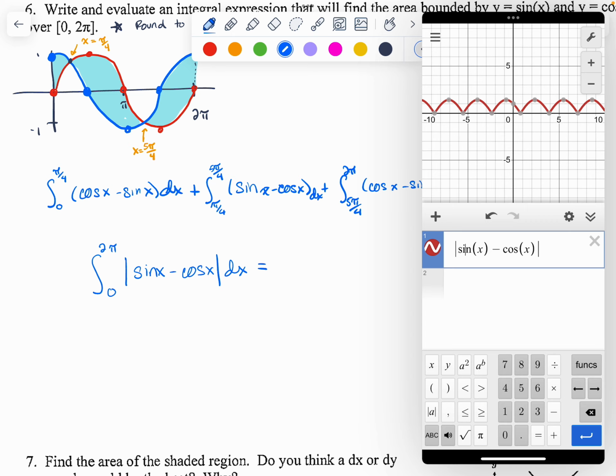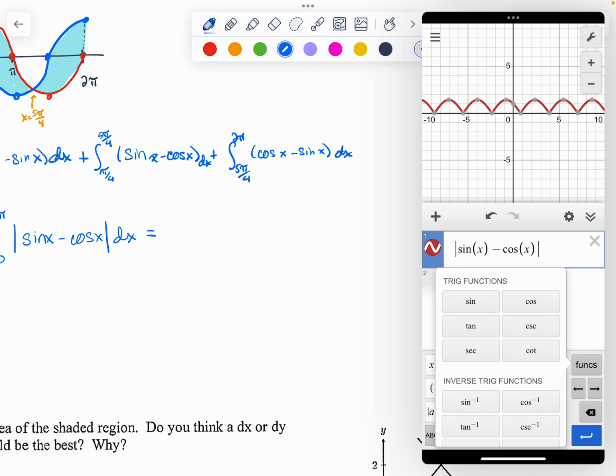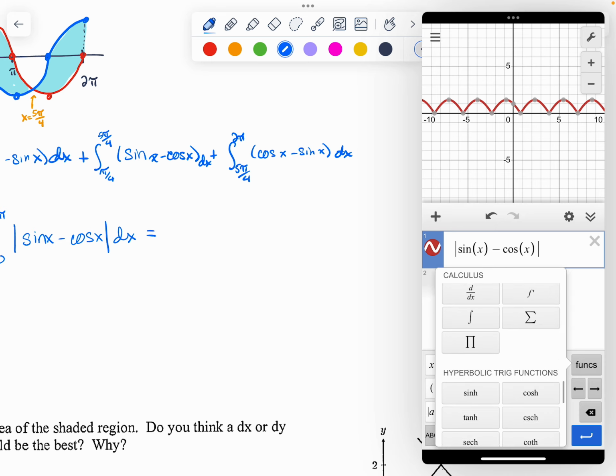Oh, and I wanted to do this before I started typing, I guess. And I'm going to my calculus section.